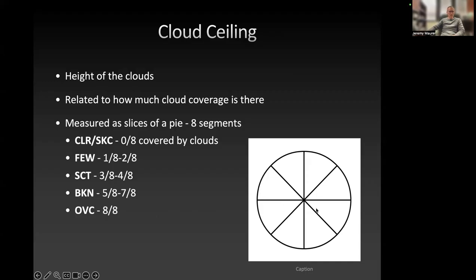So 0 cloud coverage would be clear or skc. Few clouds would be 1/8 to 2/8. Scattered is 3 to 4/8. Broken is 5 to 7/8. And overcast is all 8, the entire sky is covered with clouds. So these are the words that we have. Clear, SKC, few, SCT, BKN, and OVC are the words that you'll see in these TAFs and METARs.